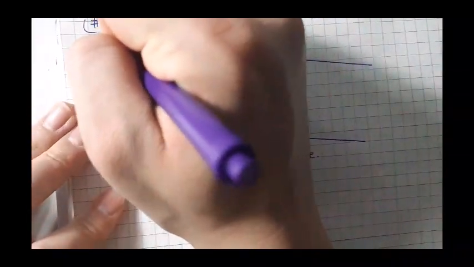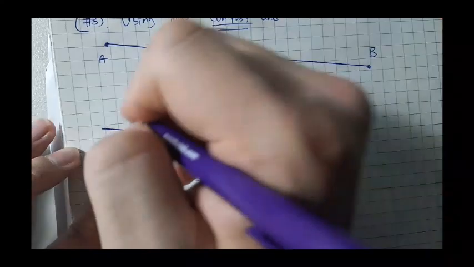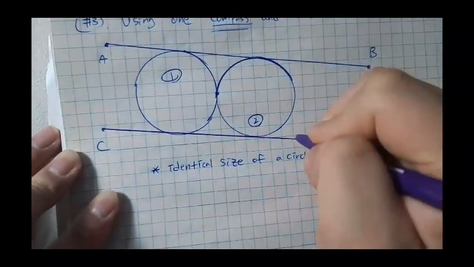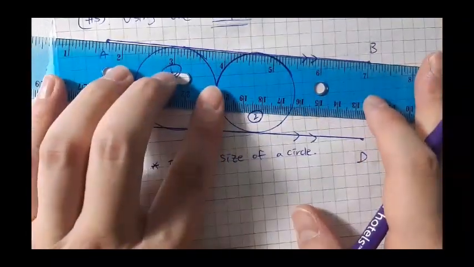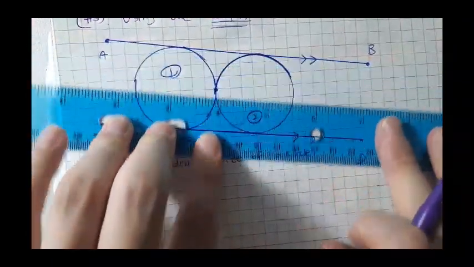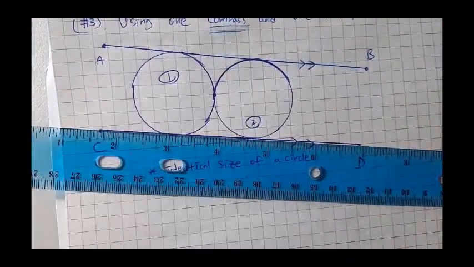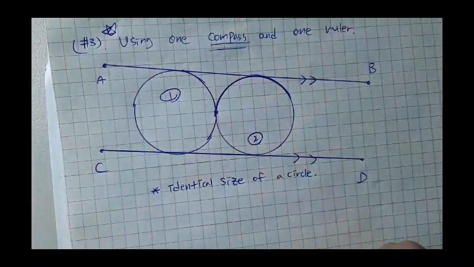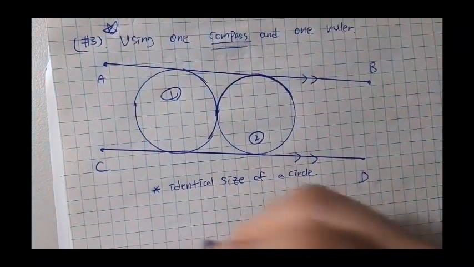And I'm gonna call this point A, this point B, this point C, this point D. And you will know that even if I extend the line of AB and CD, it's not gonna touch each other. And this is my third method, which is one of the most important ones compared to any other method that we did. And here's my steps.